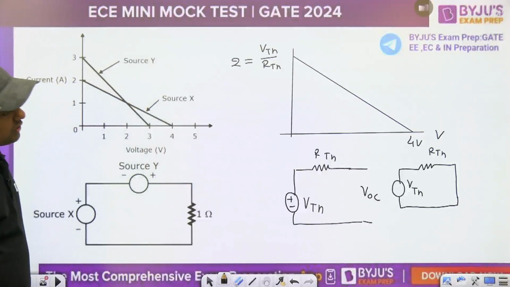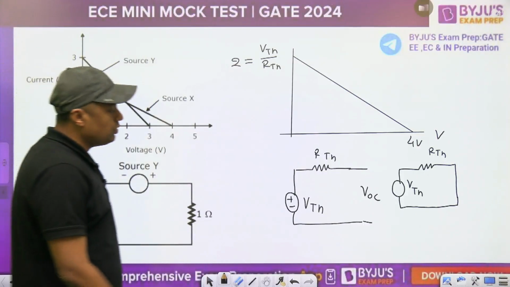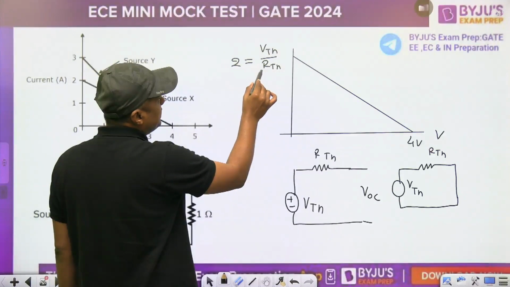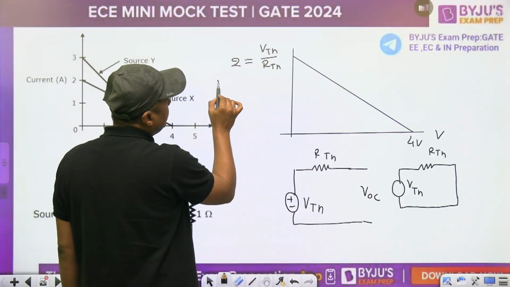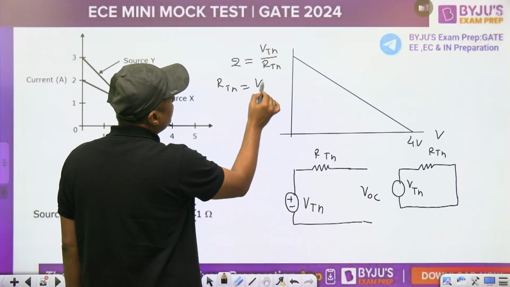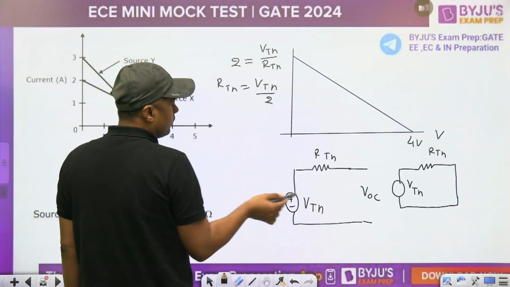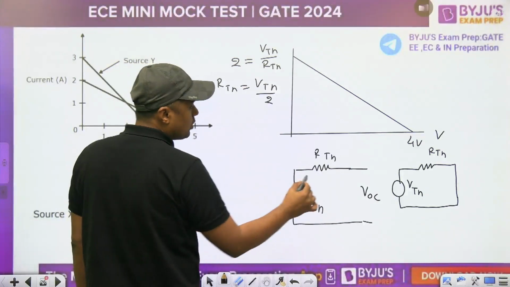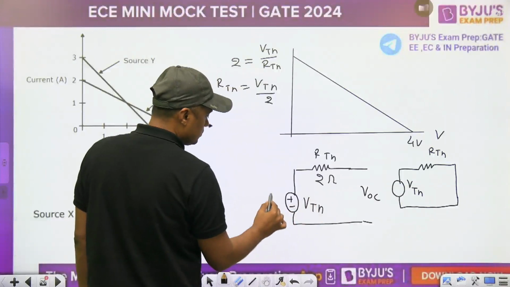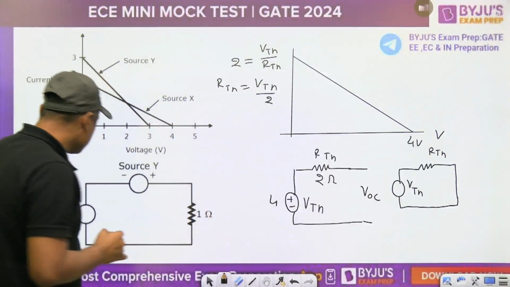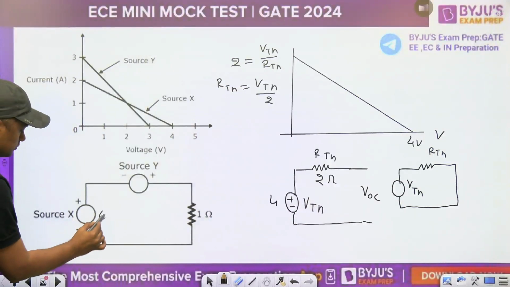So first you can find the VTH, that is the value 4, and from VTH upon RTH, that is 2. So what is the RTH? RTH is equal to VTH upon 2. 4 by 2, that is what? 2 ohm. So X source is 4 volt, 2 ohm.